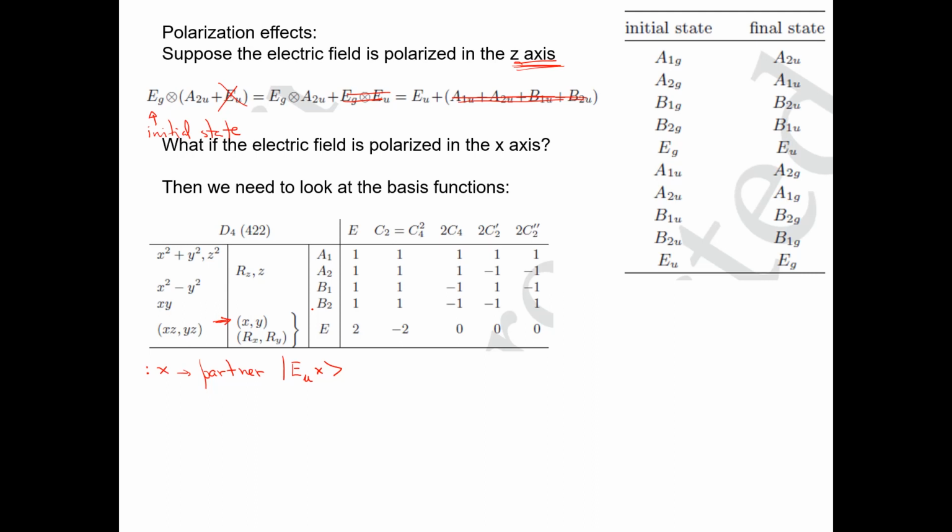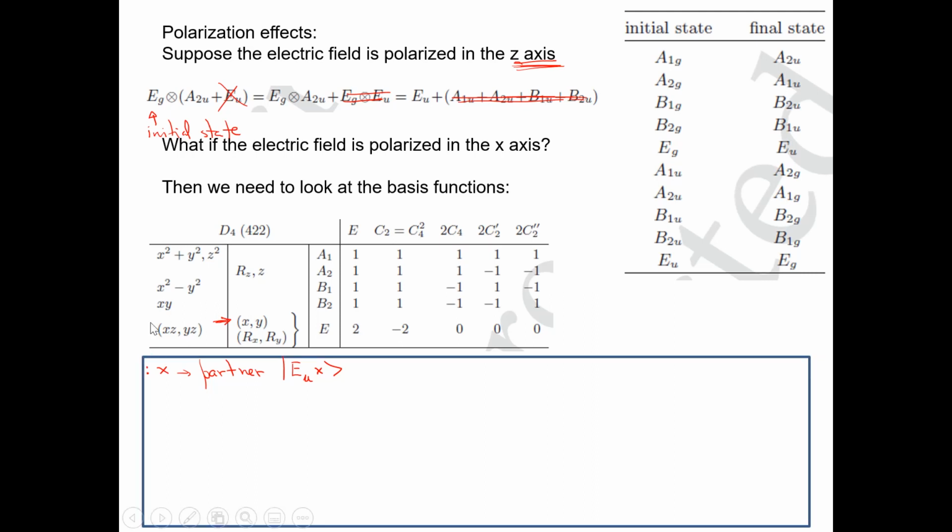Now we have to consider the possible initial and final states. Let's see what happens if the initial state is the totally symmetric representation A1g.